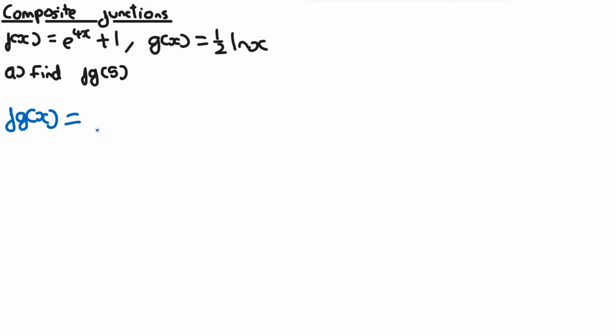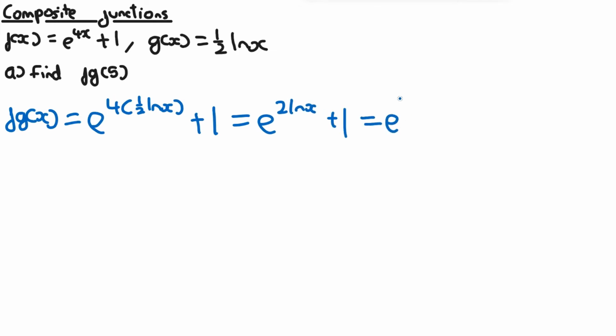So this is going to be equal to e to the power of 4, and then we replace x with g of x, half natural log of x. So it's going to be e to the power of 4 times half natural log of x, and then plus 1, which is going to be equal to e to the power of, 4 times a half is 2, so it's going to be 2 natural log of x, plus 1, which can be written as e to the power of the natural log of x squared, plus 1.